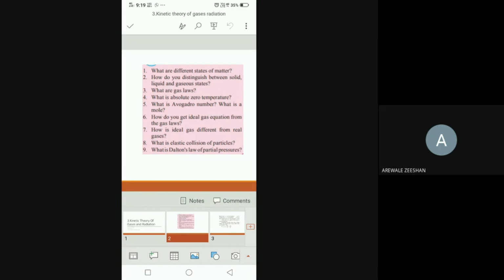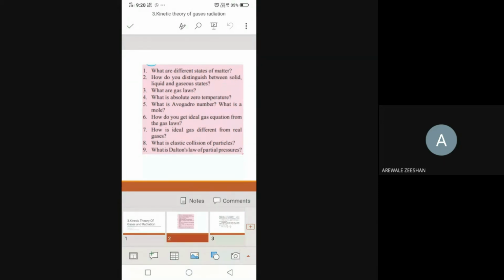Actually, when I say gas, gas has 3 important properties: pressure, temperature and volume. And one more property is very important, that is internal energy. So if you want to express the gas, these 4 properties are very important.